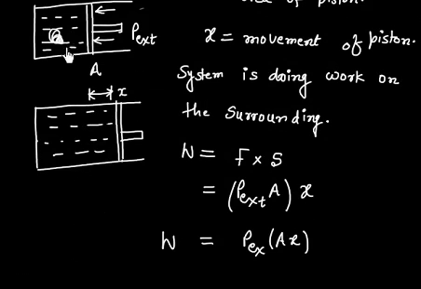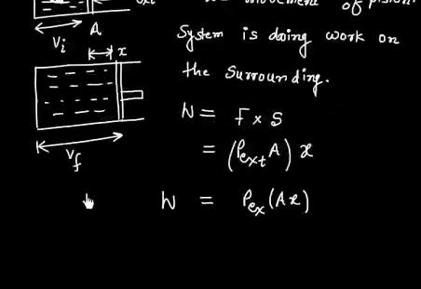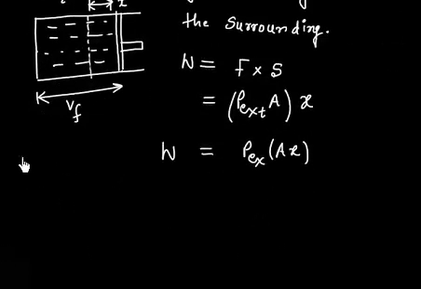Now let us say the initial volume of my vessel is Vi and the final volume is Vf. So the extra volume is A into x, where A is the cross-sectional area. So Vf minus Vi is nothing but A into x.